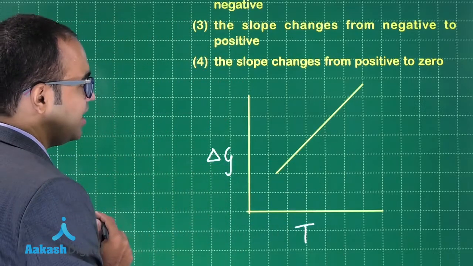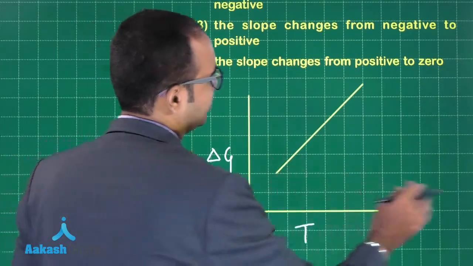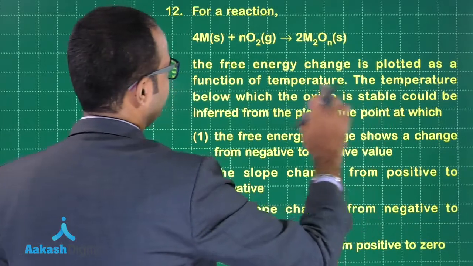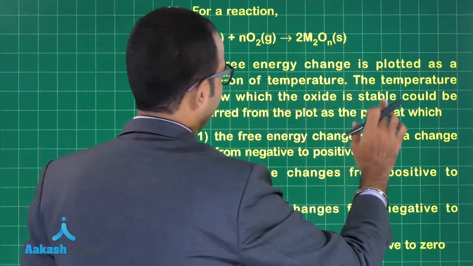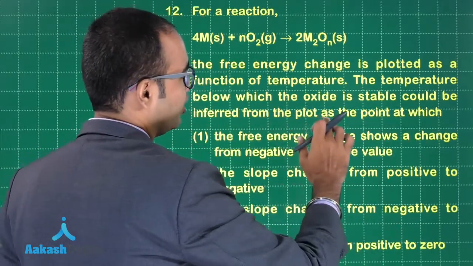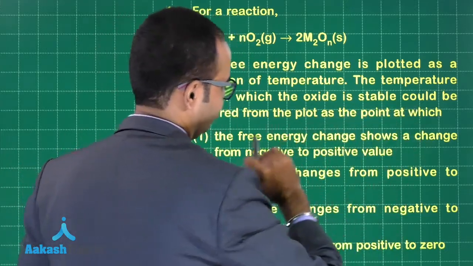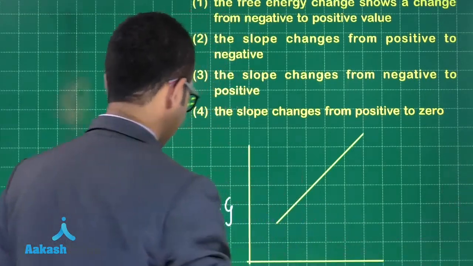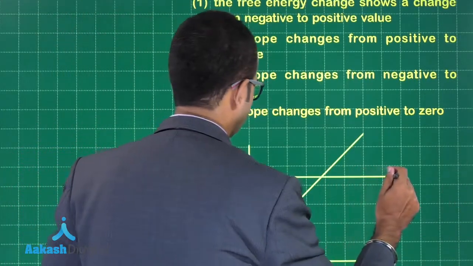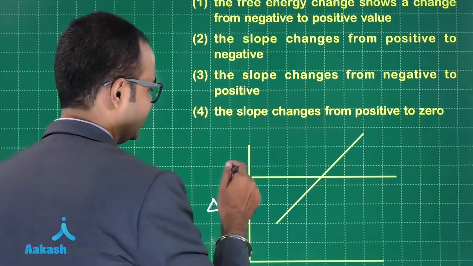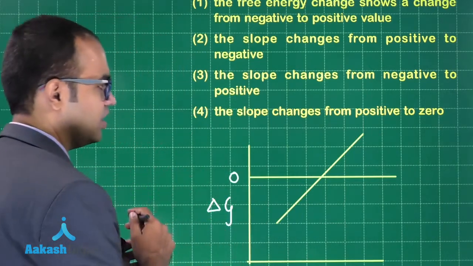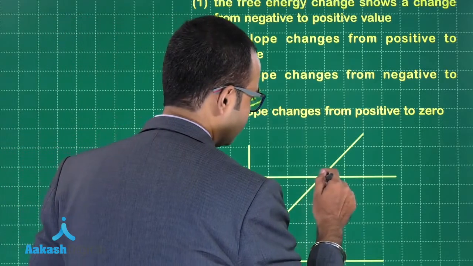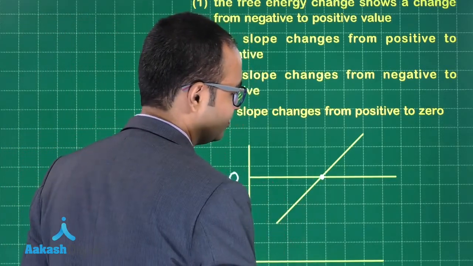Now let us look at the question once again. The temperature below which the oxide is stable could be inferred from the plot as the point at which. So let's say this is your 0. And below this you have all negative values. Above this you have all positive values. So this point is the temperature, right?